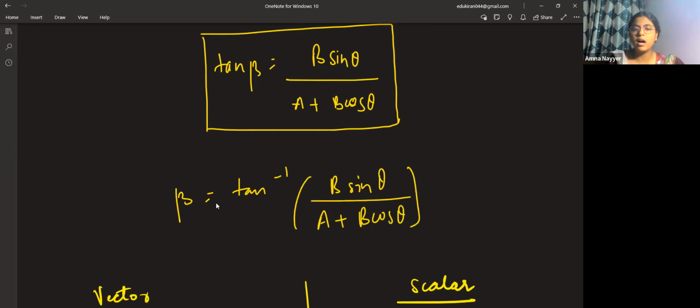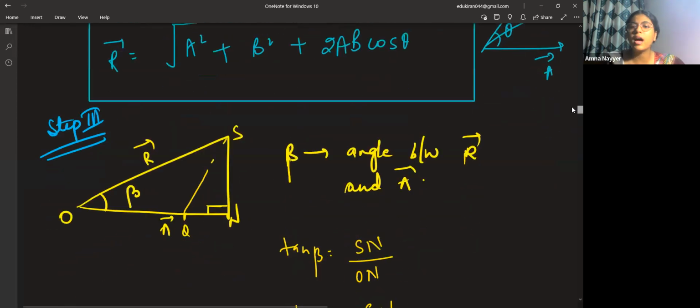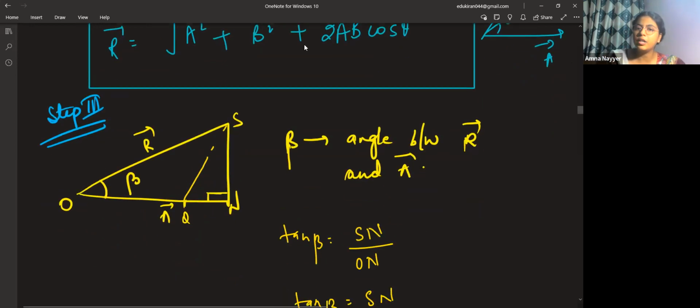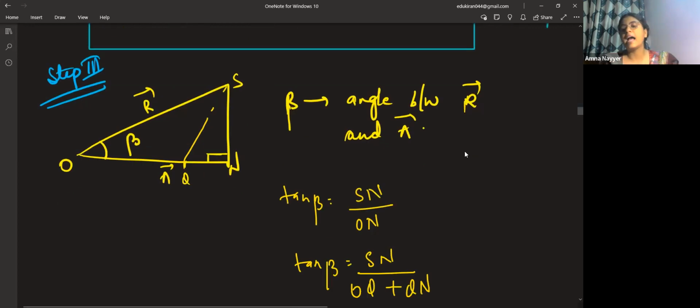I'll explain how we have written this, because inverse trigonometric functions will be used everywhere. Just add these 3-4 lines in your registers where you have written till here, and whenever the derivation comes, you have to mention step 3 as well. Step 3 is the third step. First was the geometrical construction. Second is the magnitude through this formula. Lastly is the angle calculation, meaning the direction.